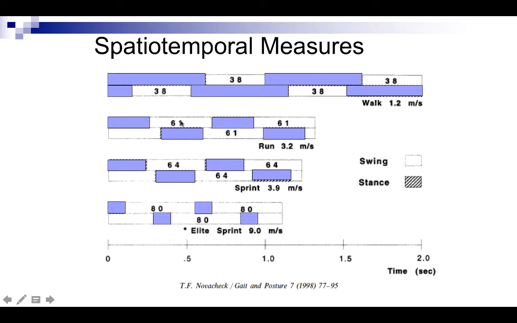We see this progressive increase in the swing phase in the white here and decrease in the stance phase or the blue to where it becomes very, very brief, approximately 20% of an elite sprint. So what this can tell us is that to achieve that very rapid speed, we need some rapid production of force in a very, very brief period as we try to go faster.